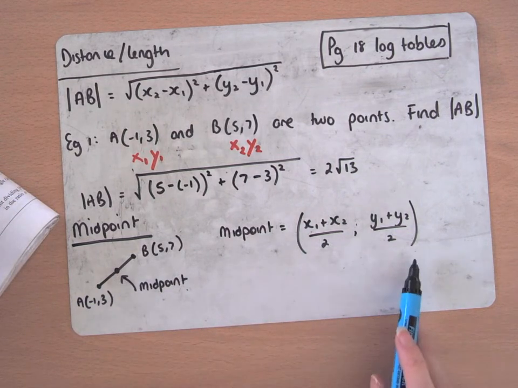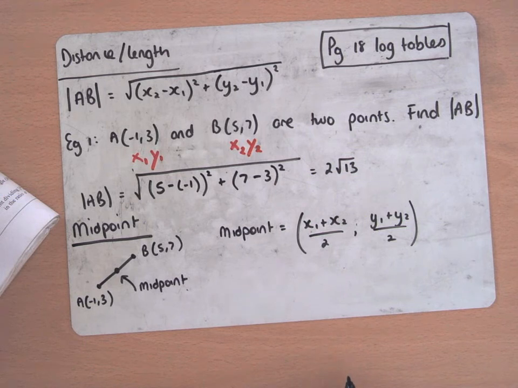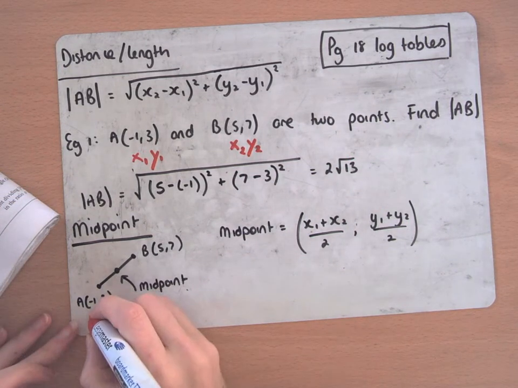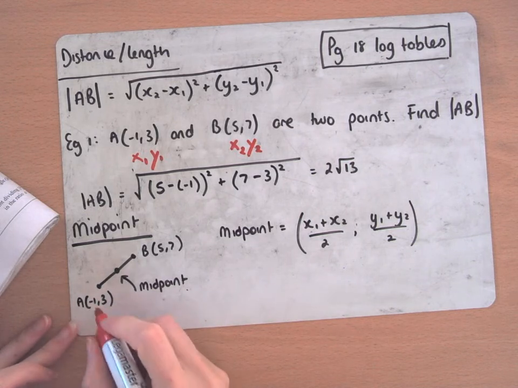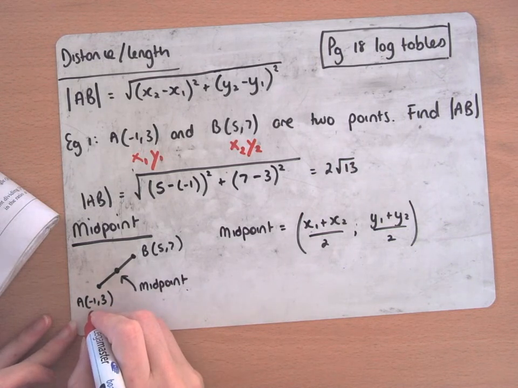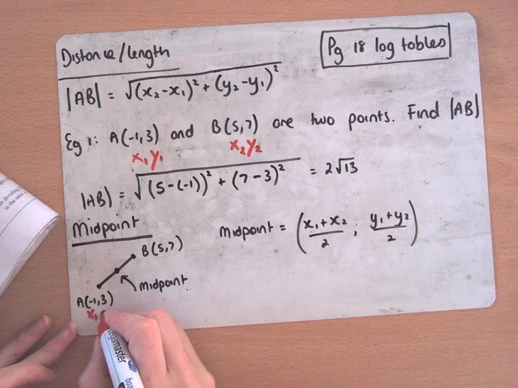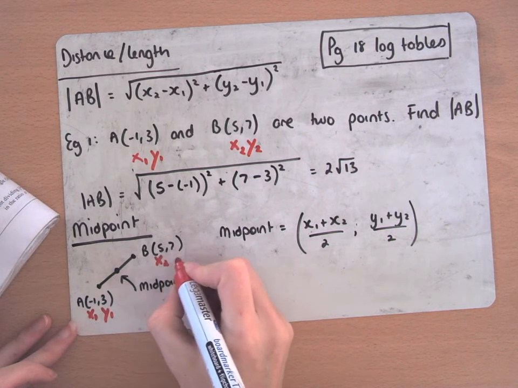That's why it's in brackets, because it's a point. I know we have them labelled already because I'm using the same points as above, but we still need to label them. Down here, this is the first point I see, so how do I label it? x1, y1, and then this one, x2, y2.